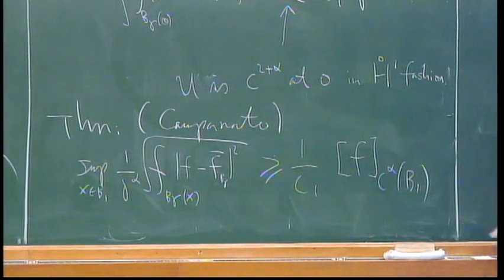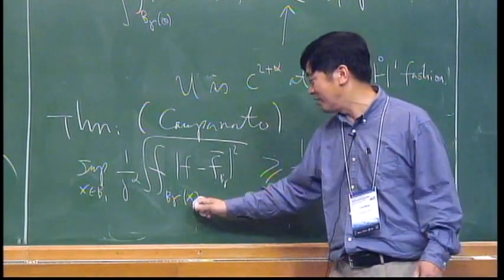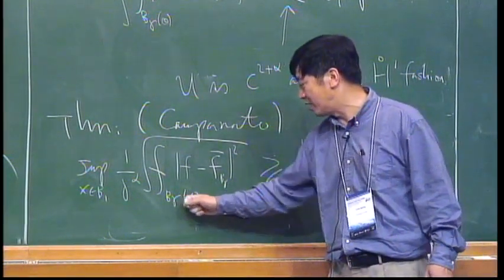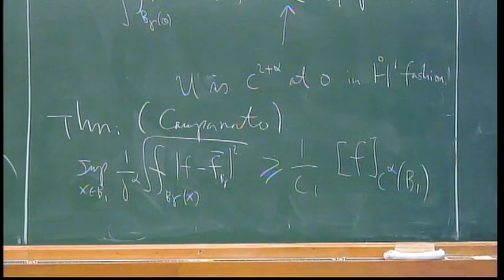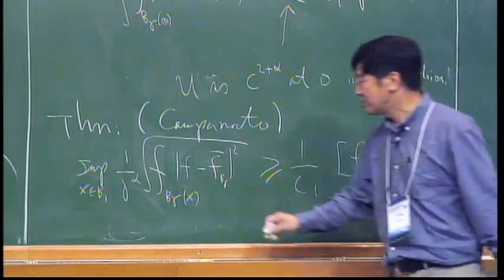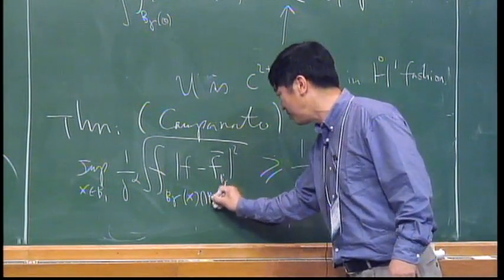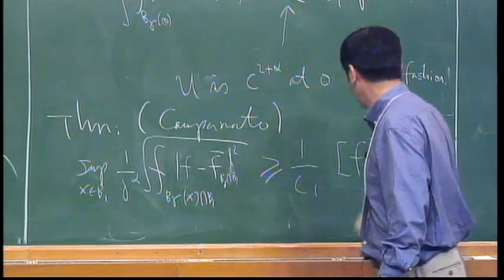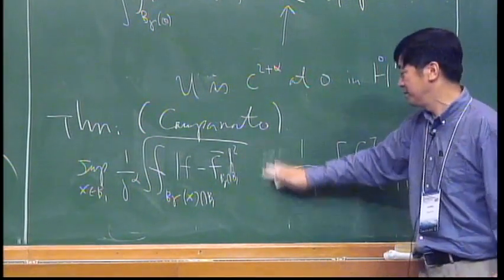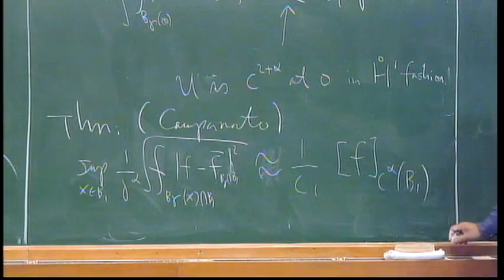The only thing is they are not equivalent because when x is near the boundary, the ball R of x goes out. That's the only place. It's annoying, and you can make it necessary, and this is perfect if you restrict yourself. Then they are equivalent.